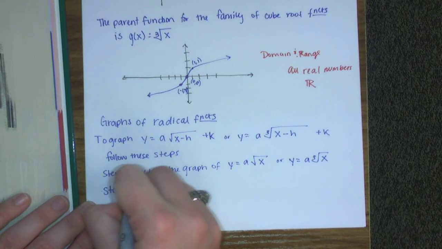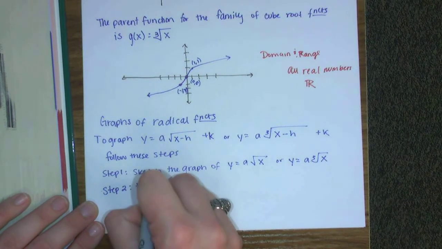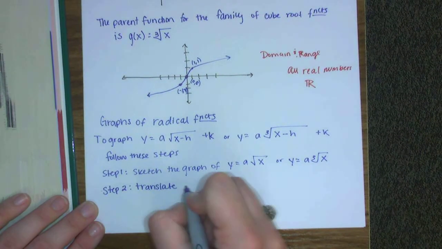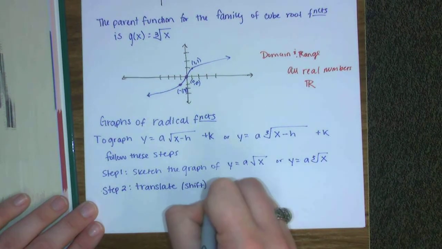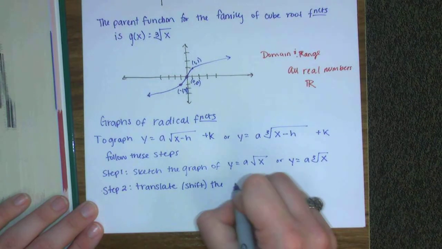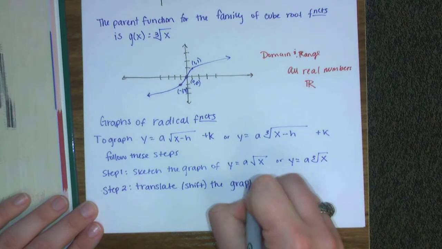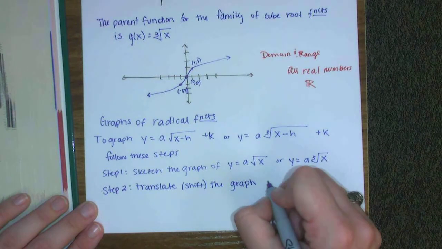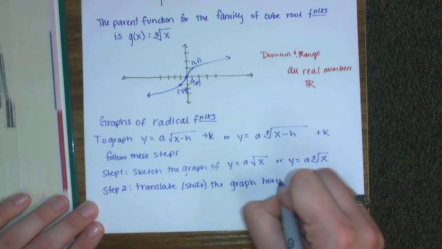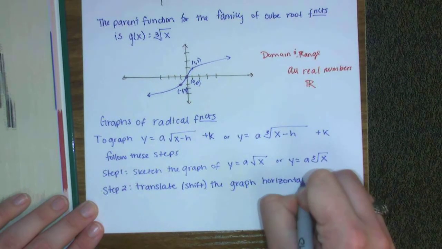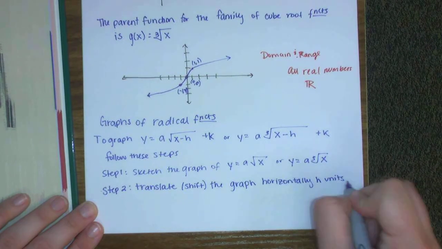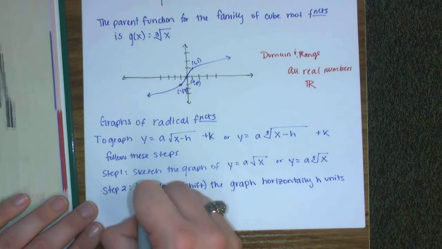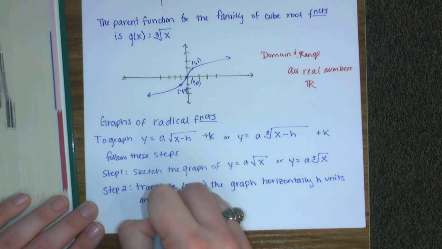Step 2, last step, we want to translate, or a fancy word, shift the graph horizontally h units and vertically k units.